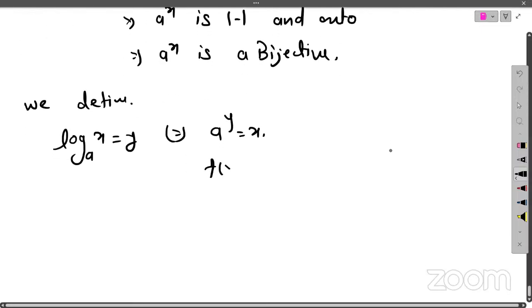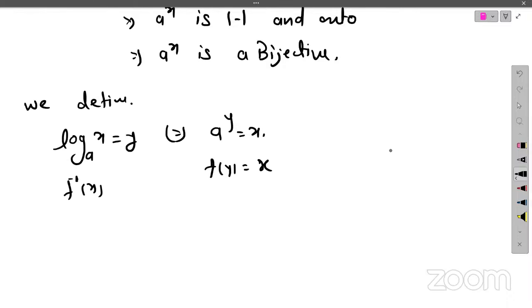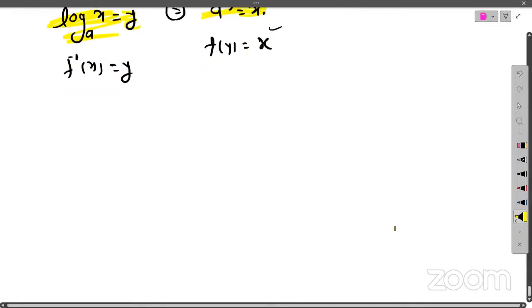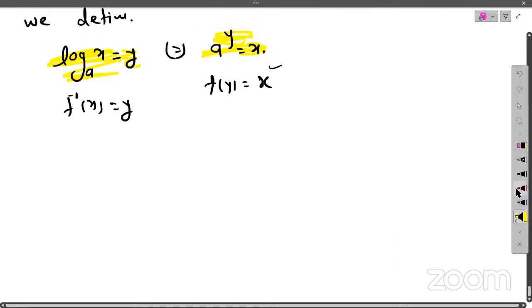If f of y is equal to x, then f inverse of x is equal to y. So that's how we define the log function. Log base a of x is equal to y if and only if a to the power y is equal to x.